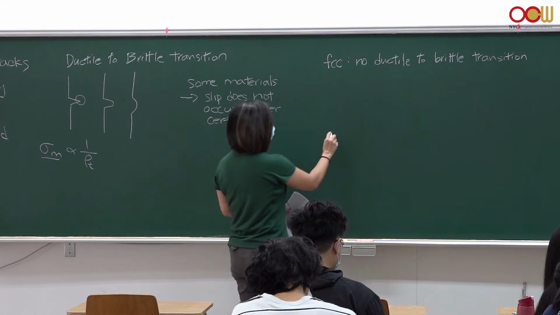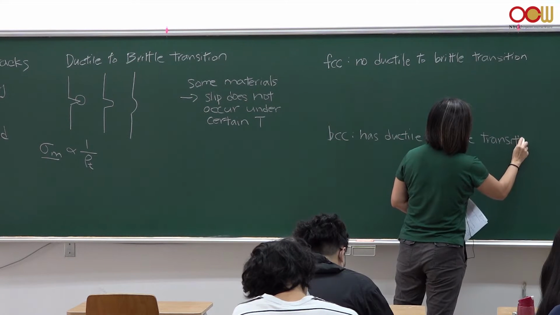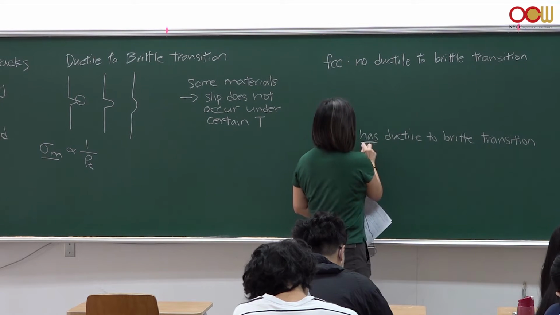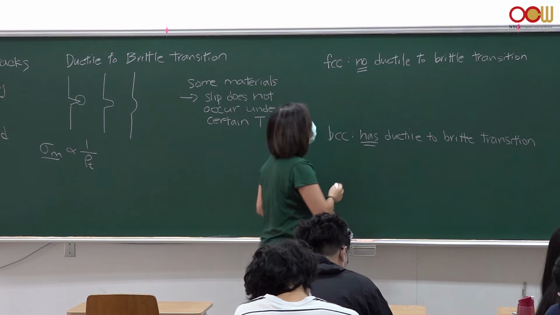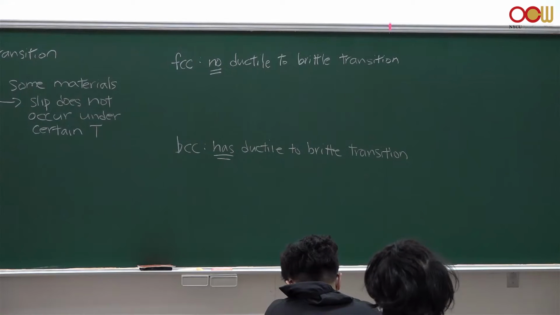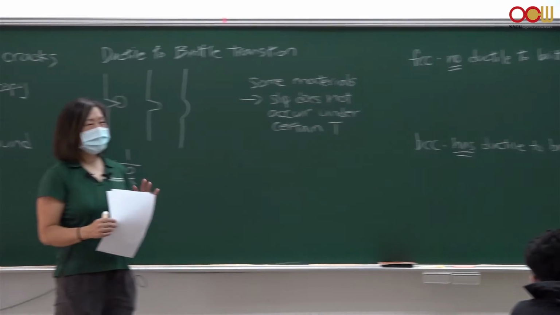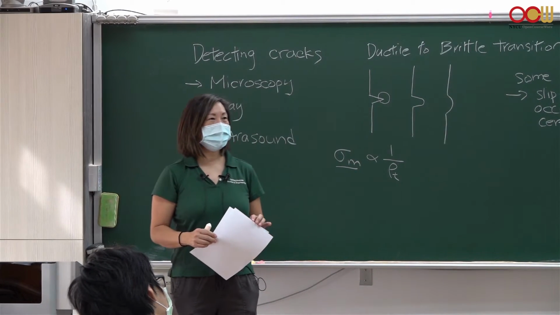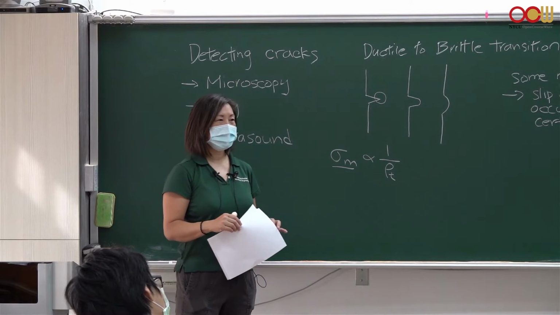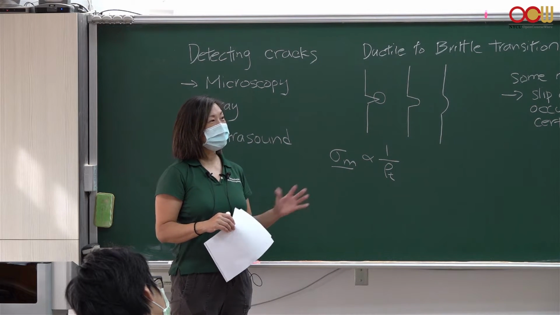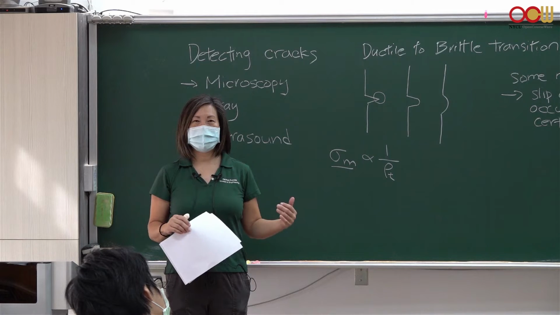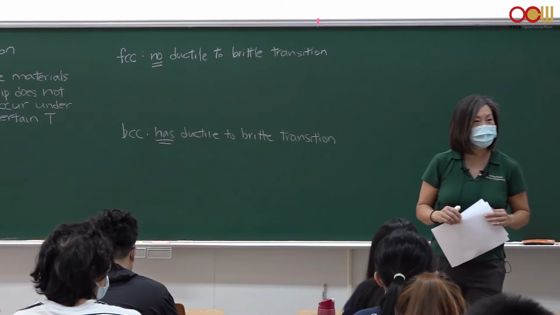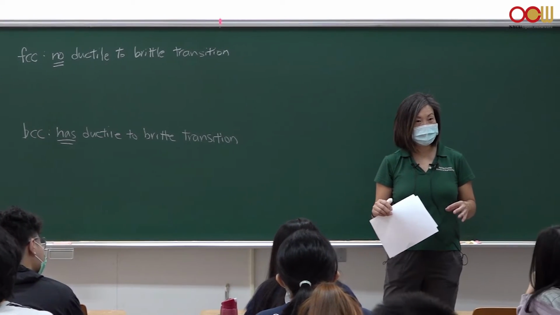So let me tell you that BCC does. Any ideas why FCC metal would not experience a ductile to brittle transition, but a BCC metal would? What do you know about the difference between an FCC and a BCC? The atomic is more closely packed.